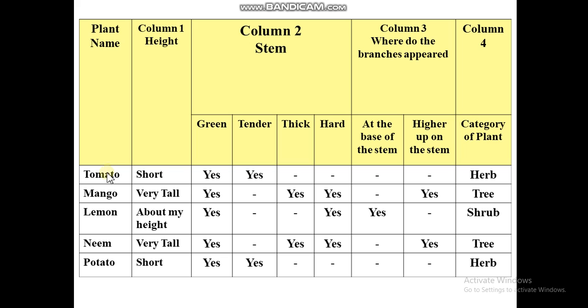So first is tomato. The height of the tomato plant is very short, and it is green in color and tender, meaning it does not live for a long time. It lives for like 6 months to 1 or 2 years. It is not a perennial plant, and its lifespan is very short.